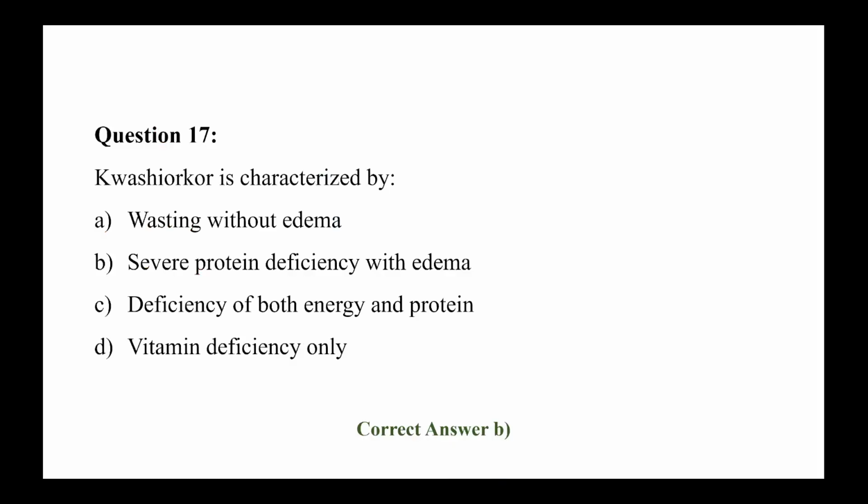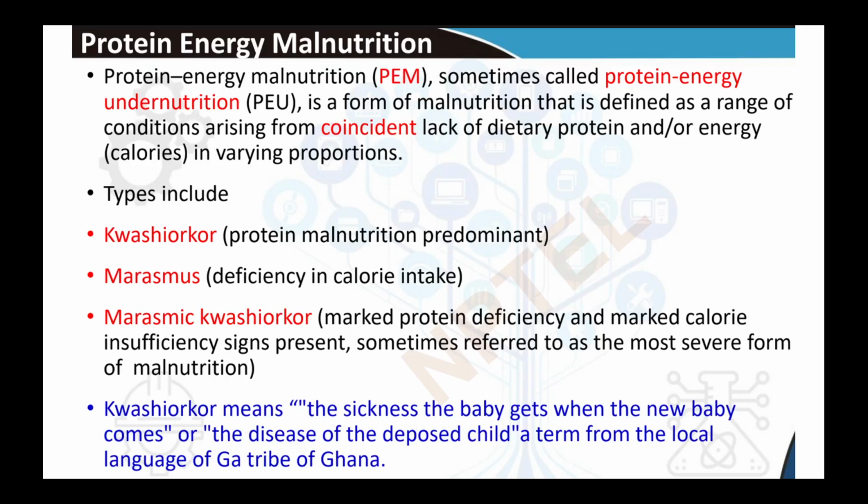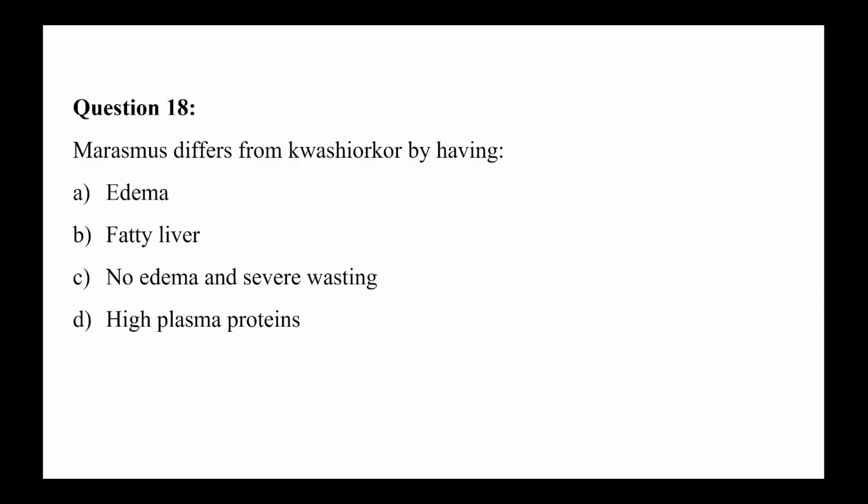So kwashiorkor is characterized by protein deficiency. Marasmus is characterized by calorie deficiency, and marasmic kwashiorkor is characterized by both protein and calorie deficiency. Okay.